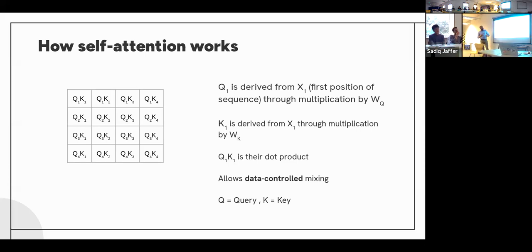So this is a data-dependent way, and all these are derived from the input embeddings. So it is a data-dependent way of a particular embedding attending to other embeddings in the sequence. Does that make sense? And all the mixing is data controlled, right? So it is all dictated by the embeddings that are coming in and those weight matrices that are inside attention.